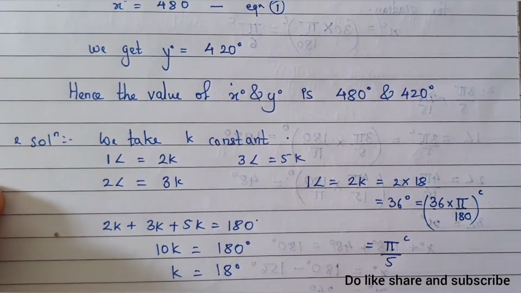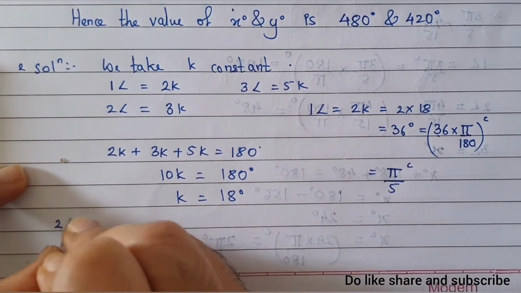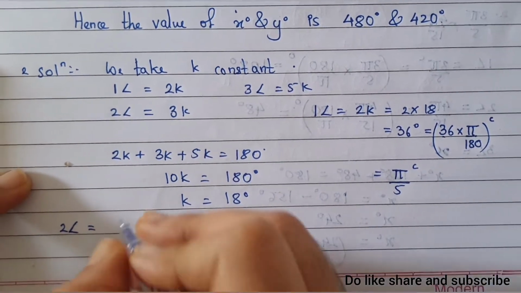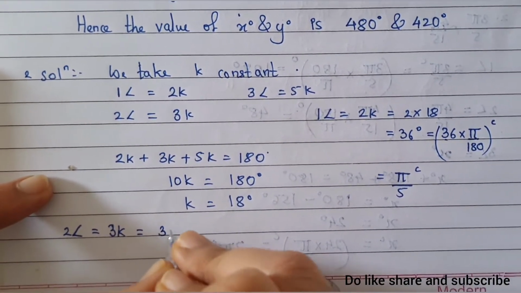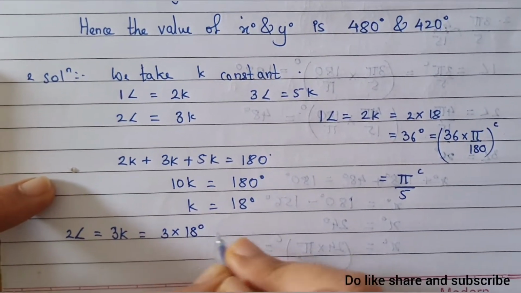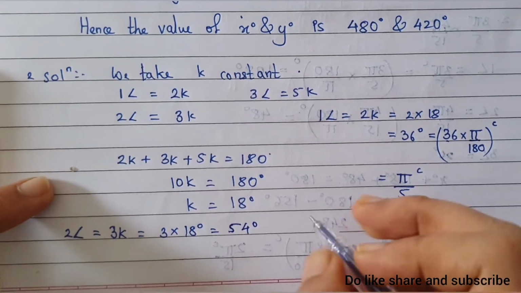Similarly, the second angle will be equal to 3k, that is 3 into 18 degrees, that is equal to 54 degrees.